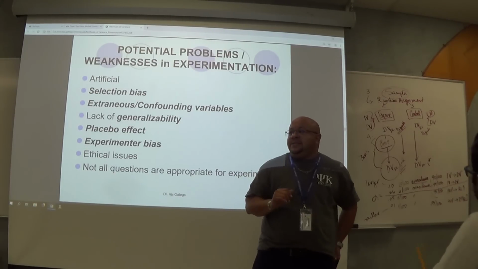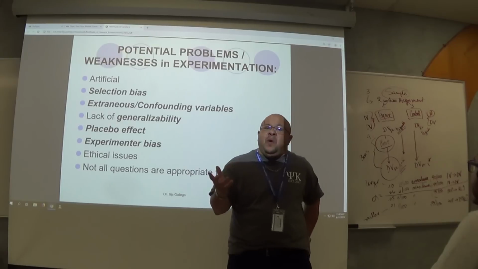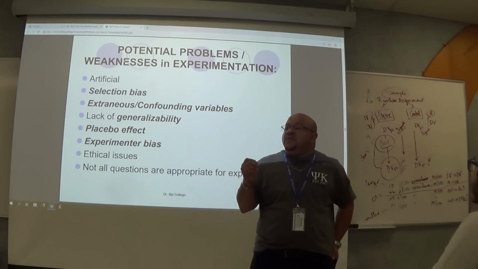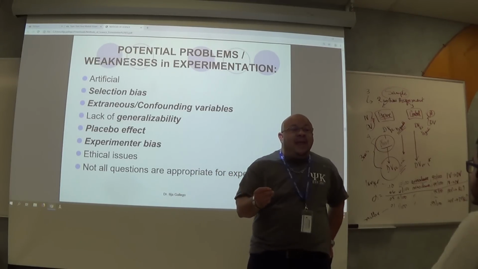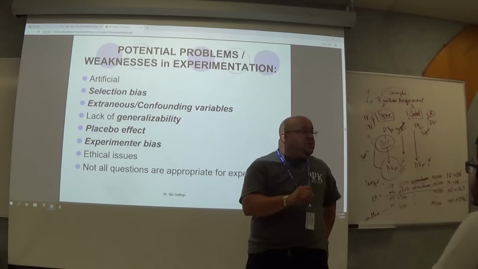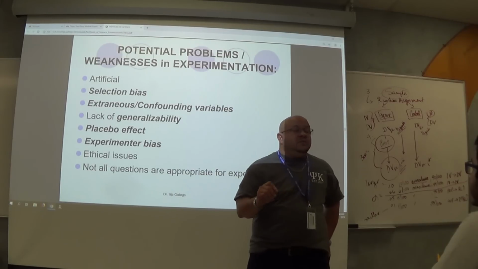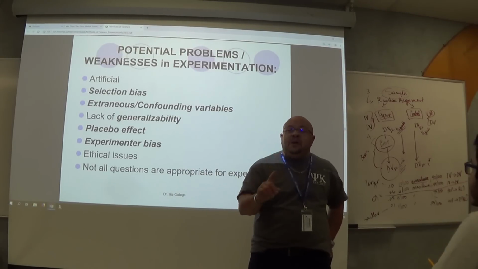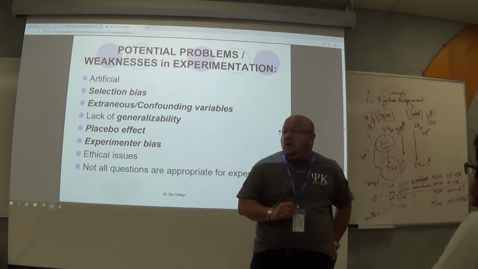Those do not exist. So what does that mean? Why is that important? Because if there's not an experiment, then I can't say for sure that abuse is causing the low self-esteem. Only an experiment tells us that one thing causes the other. Okay?